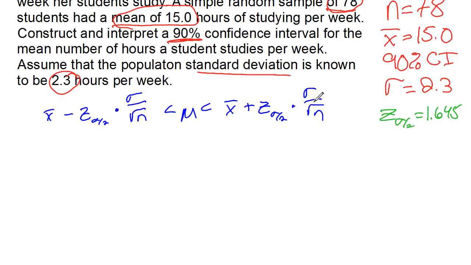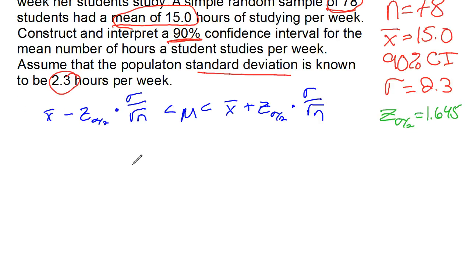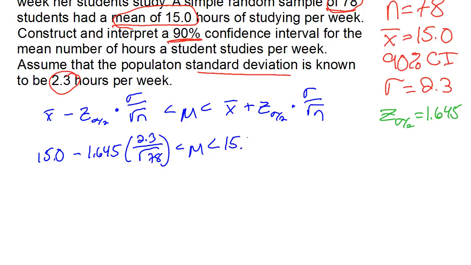And I'm just going to substitute these values in for their appropriate values in the formula. So that's going to be 15.0 minus 1.645 times 2.3 divided by the square root of 78, less than mu less than 15.0 plus 1.645 times 2.3 divided by the square root of 78.